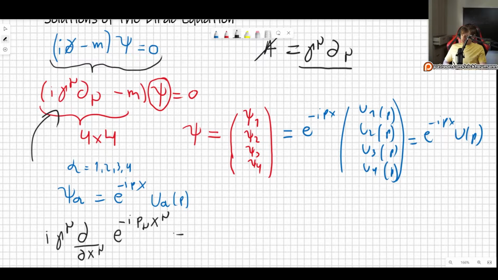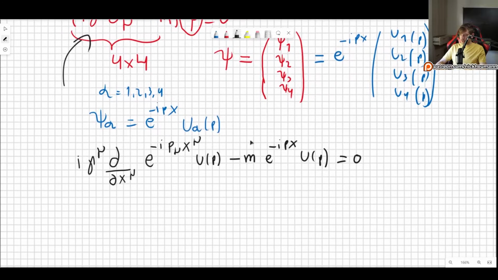And then we still have the u term, u of p, and then minus m times e to the minus i px, u of p. I'll just leave it like this because we don't have any reason to write it down explicitly, and all of this is equal to 0.